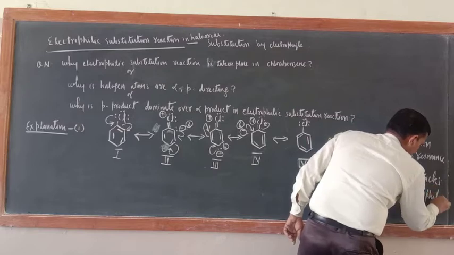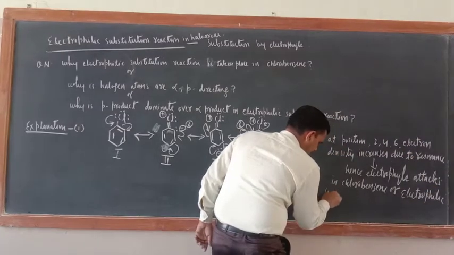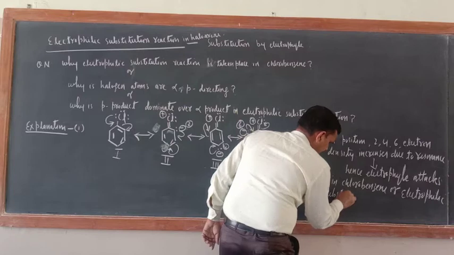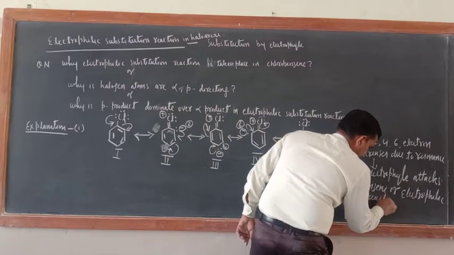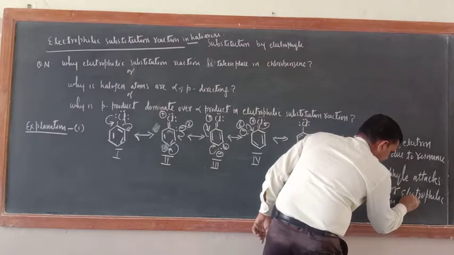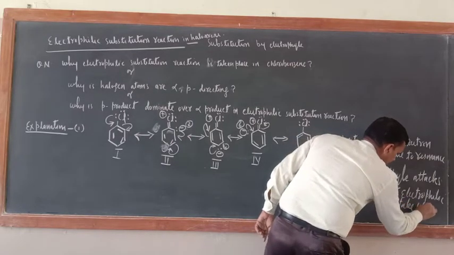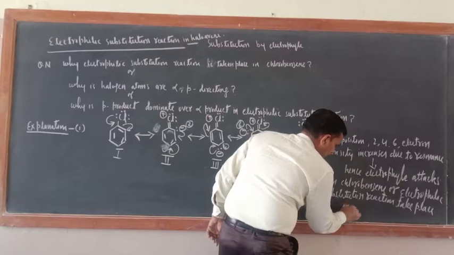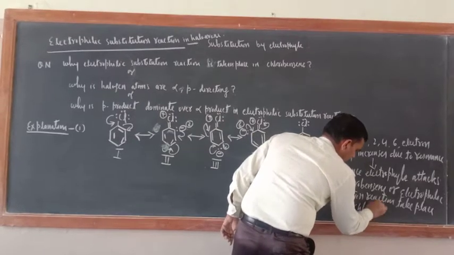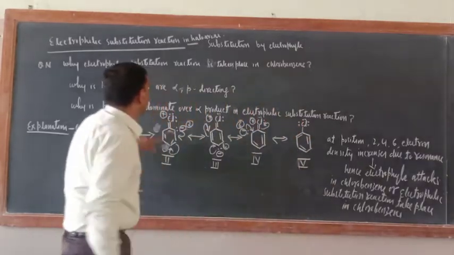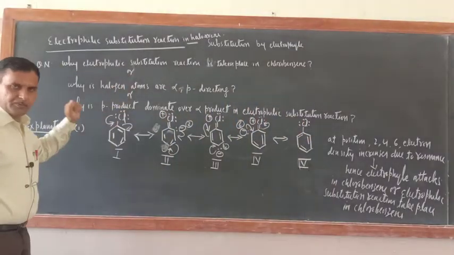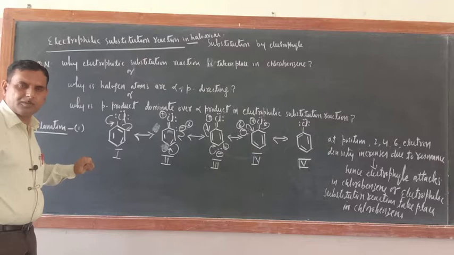Okay, understood or not? So the explanation of the first question is over. Why does electrophilic substitution reaction take place in chlorobenzene?